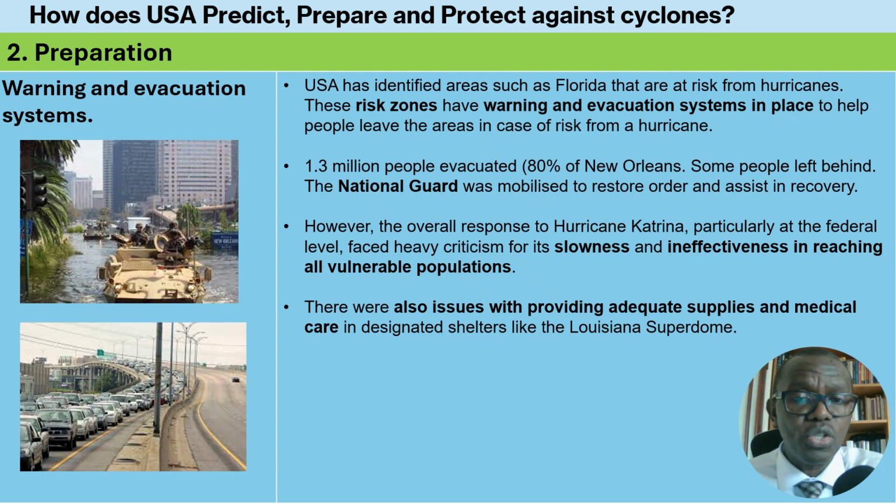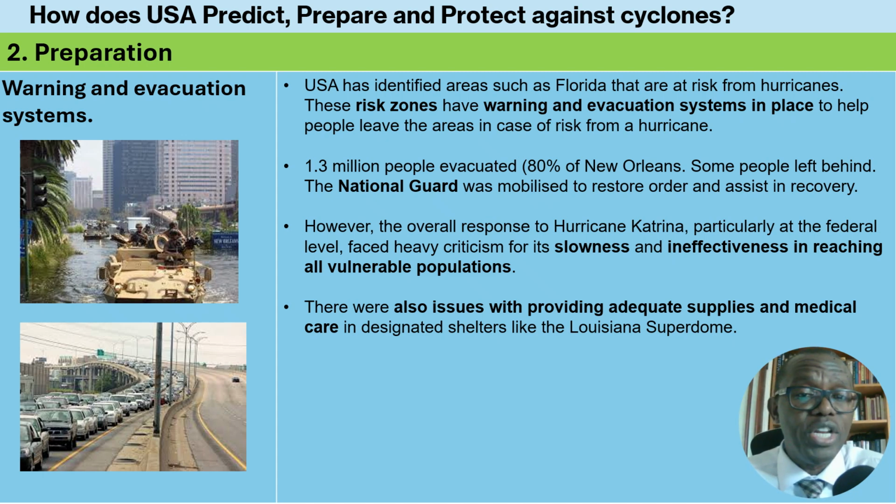So these risk zones have warning and evacuation systems in place. So the preparation is you put those systems in place before, in anticipation of future hurricanes, and in so doing, you're prepared such that people are not caught off guard, and therefore, they can move out in good time.